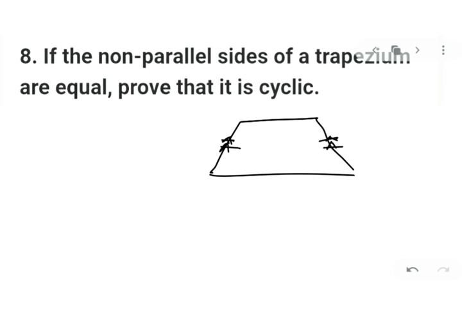To prove that it is a cyclic quadrilateral, you have to prove that the opposite angles are supplementary. So in case you prove that opposite angles are supplementary, then it will be proved that it is a cyclic quadrilateral.